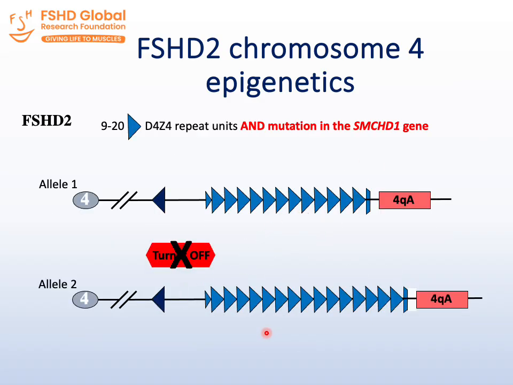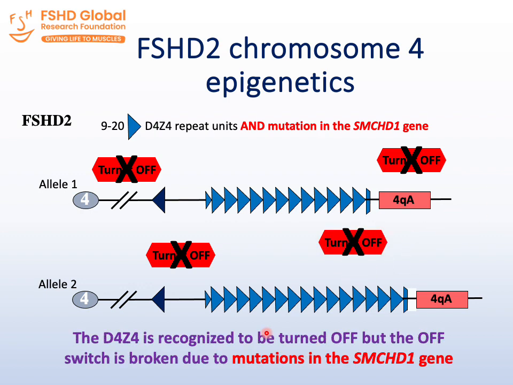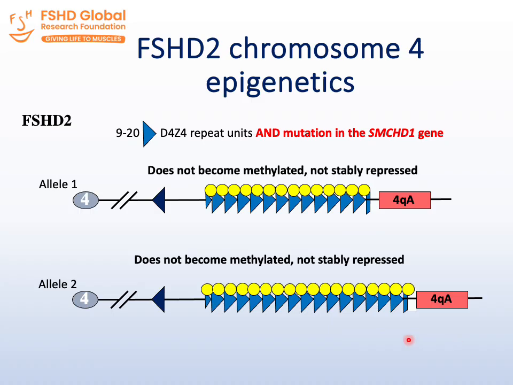But what's going to happen is the cell can't do it. The machinery that you have to set up the repressive epigenetics is not functional. So the repeat is recognized to be turned off, but the off switch is broken, due to the mutation of the SMCHD1 gene.